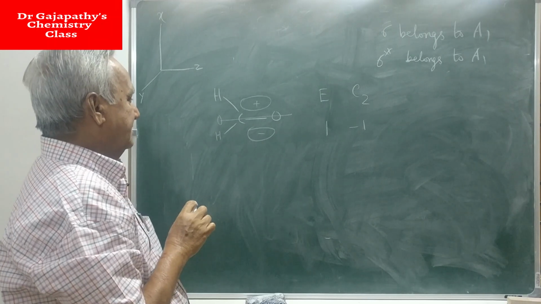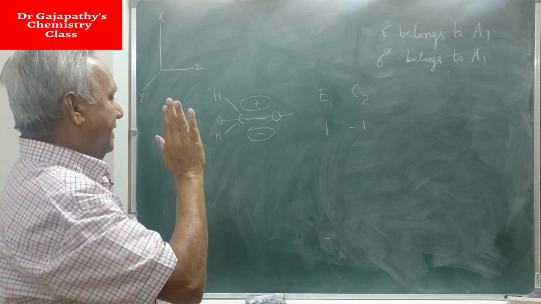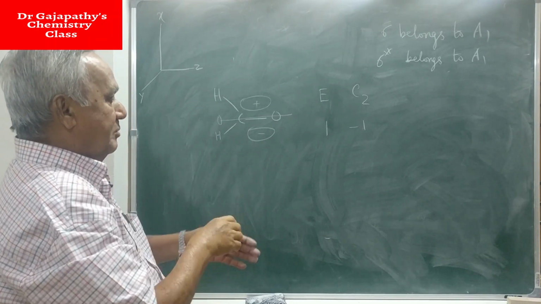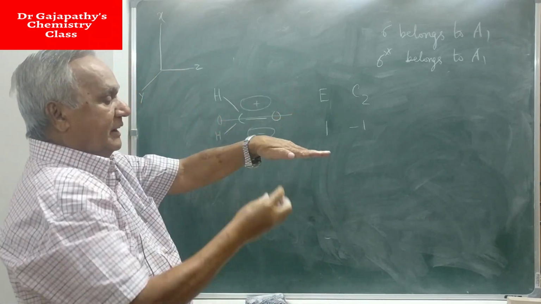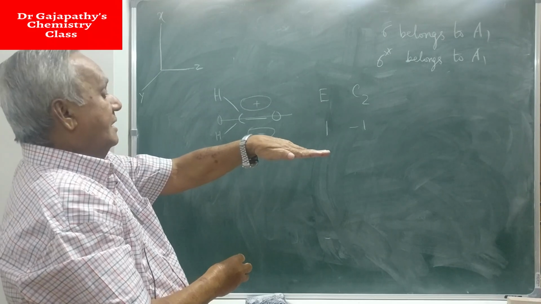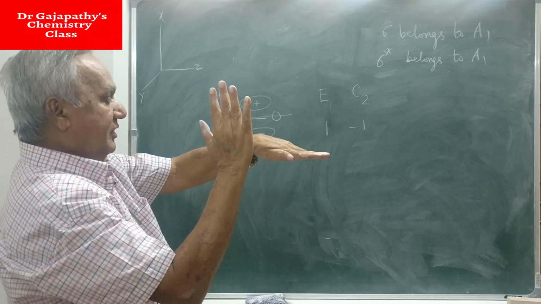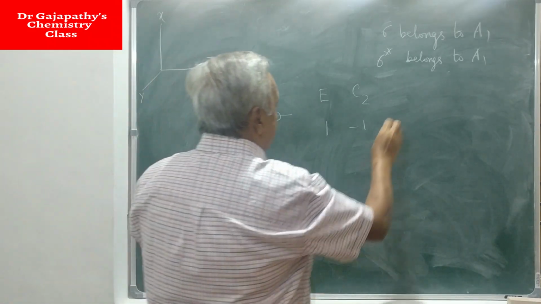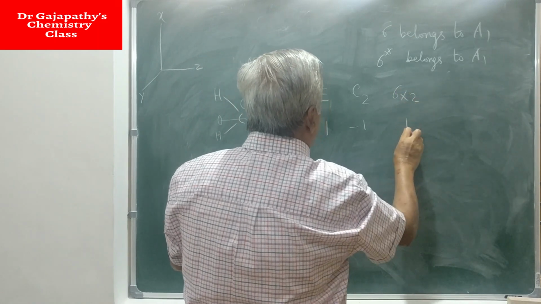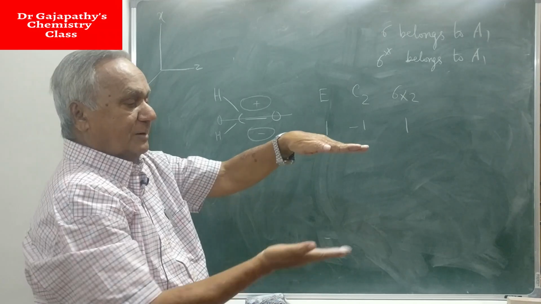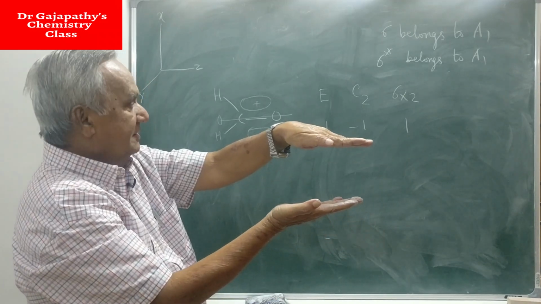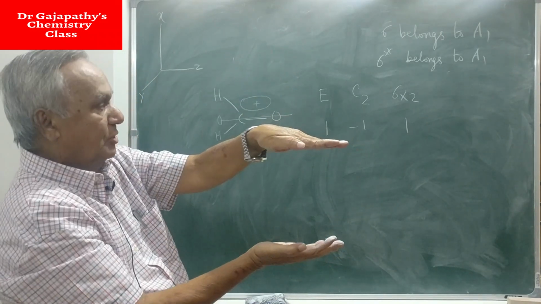Sigma xz. I reflect in this plane. The molecule is like this. A positive lobe above and a negative lobe below. I reflect in this plane. Nothing will happen. So sigma xz, it is +1 again. Sigma yz. I put a mirror here and reflect. The minus goes up and the plus comes down.